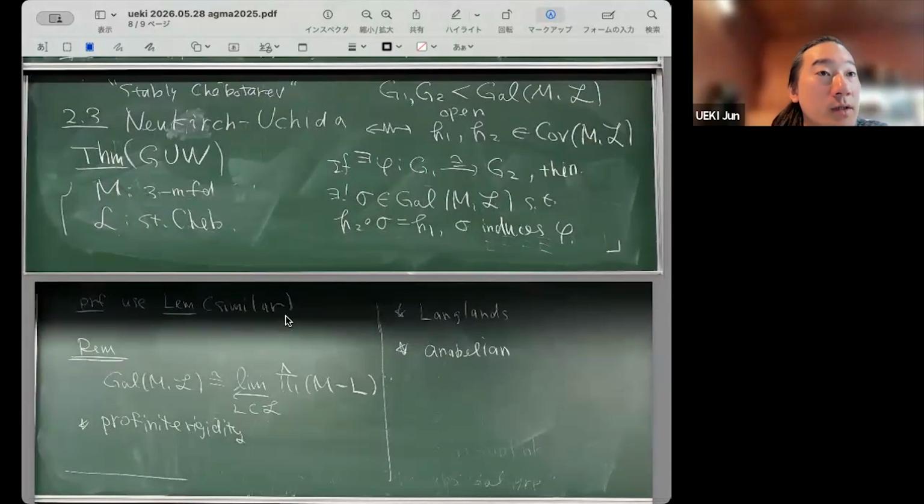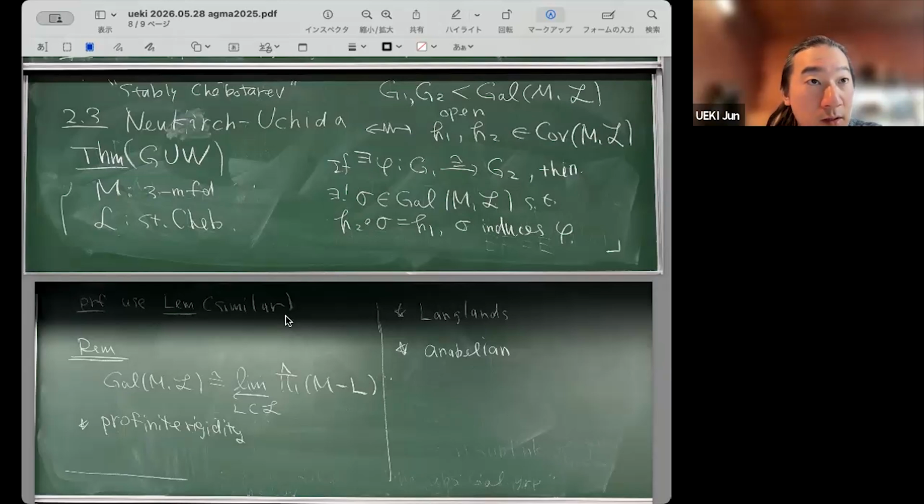Maybe I should remark that this Galois group is the inverse limit, with respect to finite sublinks of L, of the profinite completion of the group of the link exterior. So this story is closely related to the story of profinite rigidity.